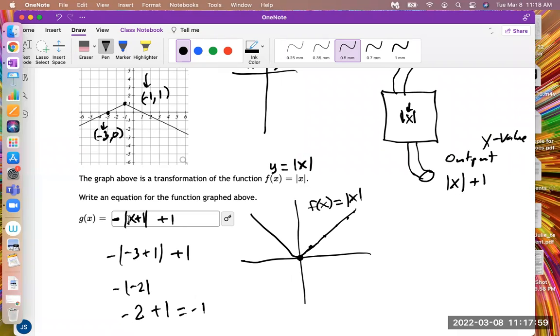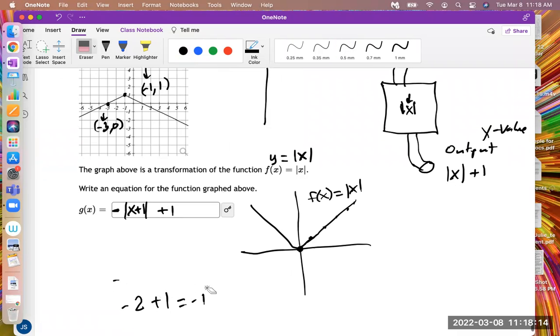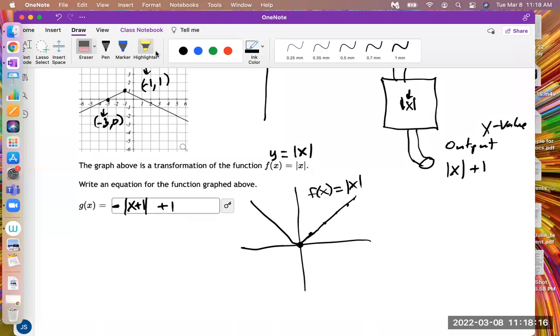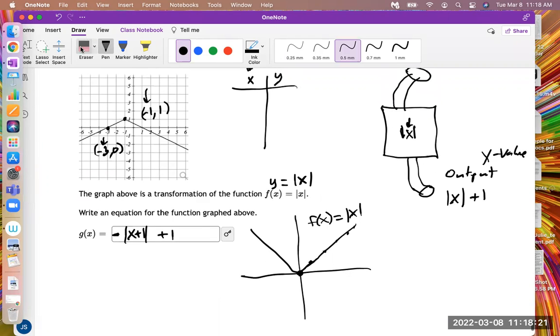But something else that I did not mention with this problem is that there's also something called your stretch. This equation looks steeper. Actually, the slopes are different than what you see here. So there's more going on here than first meets the eye. Sometimes when you're just beginning these transformation problems, all they do is pick up the original graph and shift it up and over.